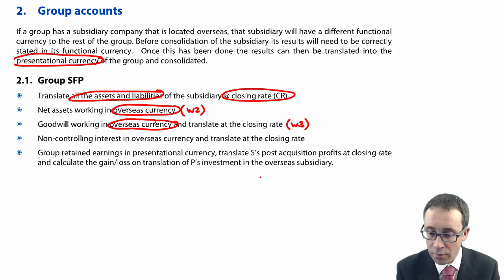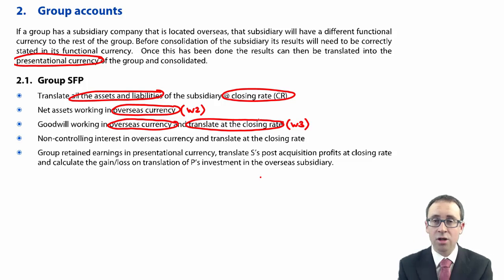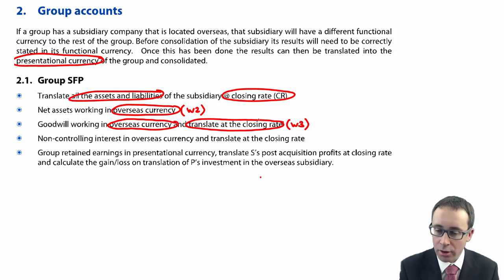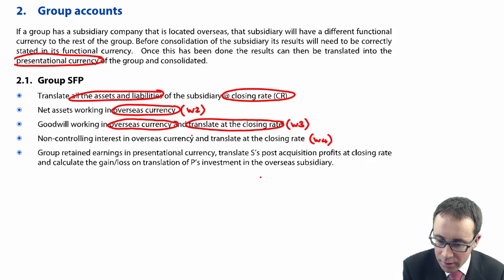But then at the end of each year, you need to consolidate it. So you need to convert it into the group presentation currency. So you calculate it in the overseas currency, and then you translate it at the closing rate. Similarly, non-controlling interest, working number 4.